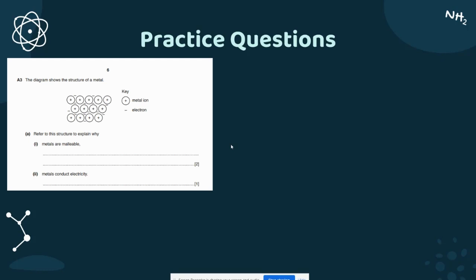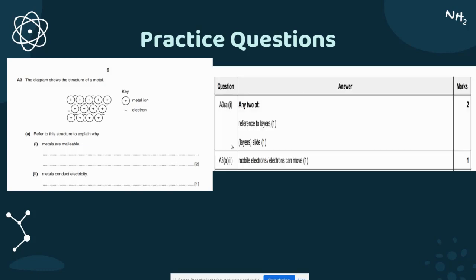Getting to something theoretical, the practice question asks us to explain why metals are malleable. We could refer to the layers. Malleability is that layers can slide over each other. So you could see that the two points here reference the layers and the layers sliding. Second point, metals conduct electricity. Now it's very clear that it's because of mobile electrons, or electrons can move.